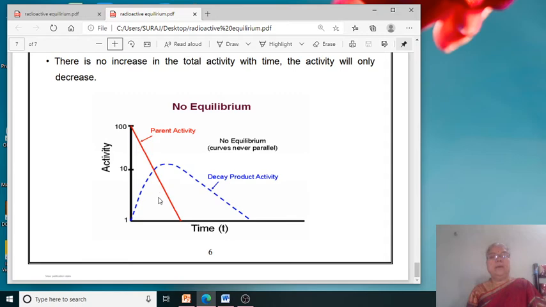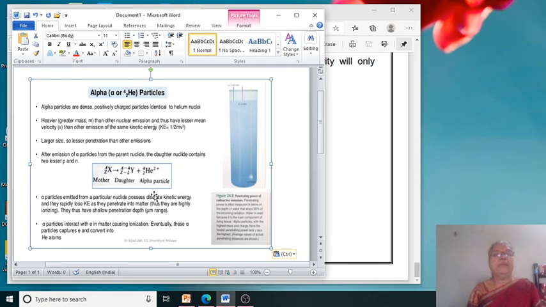Then we will see the next point, that is the range of alpha particles. Here all of you know alpha particles are nothing but helium nuclei having mass 4 units and atomic number 2. Alpha particles are dense, positively charged particles identical to helium nuclei, and due to their heavier mass they travel in a straight line path.